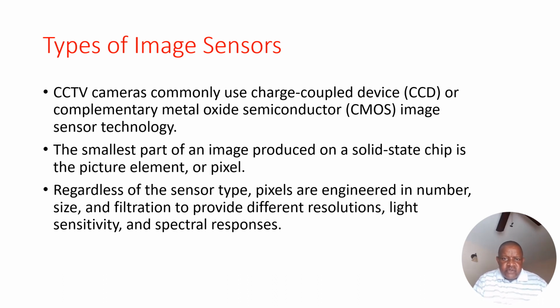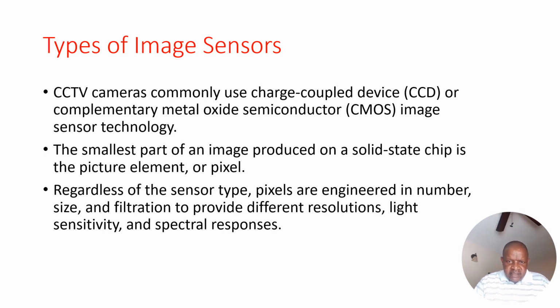CCTV cameras commonly use charge-coupled device or complementary metal oxide semiconductor image sensor technology. The smallest part of an image produced on a solid state chip is the picture element or pixel.